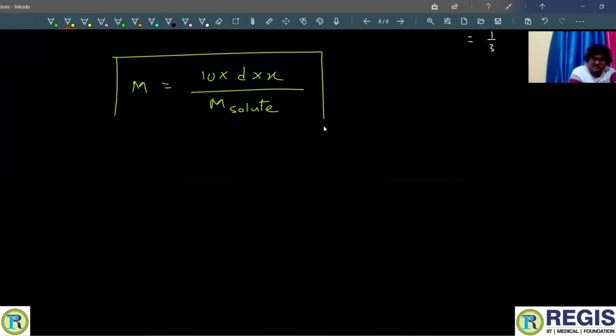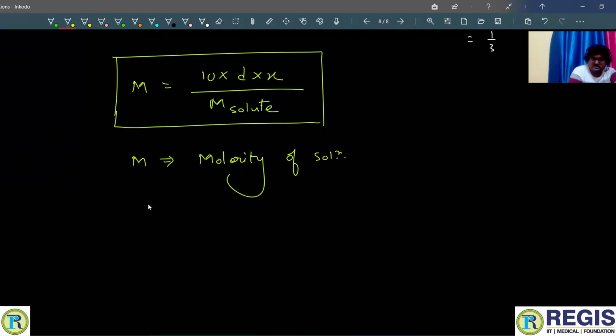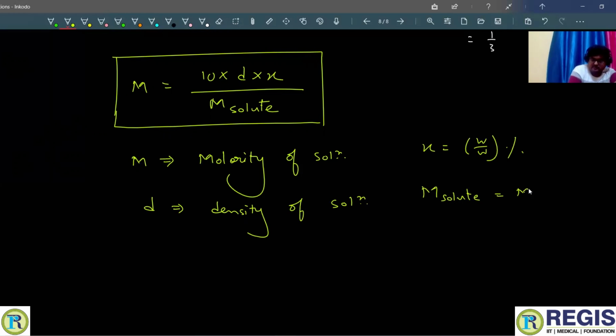Now, what is the meaning of this? M represents molarity, D represents density of solution, X represents weight by weight percent, M of solute represents molar mass of solute.